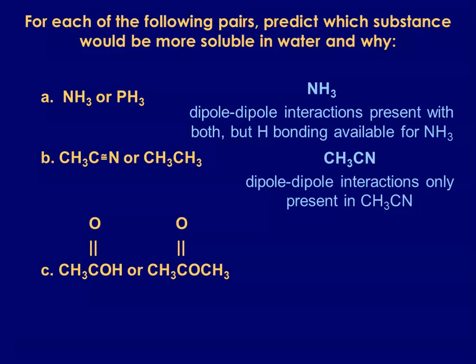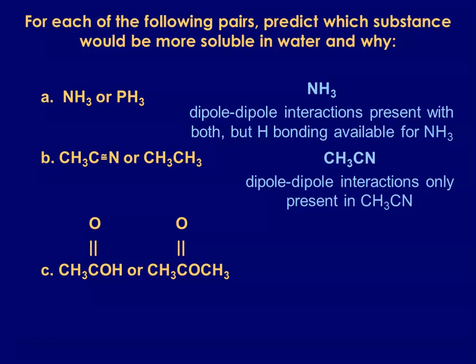Finally, in letter C, if we take a look there, we see that the only difference between the two molecules is the OH after the C double bonded O in the first molecule, and the CH3 which is bonded instead to the O in the second molecule. So they both have a polarity to them. They both have some asymmetry to them.